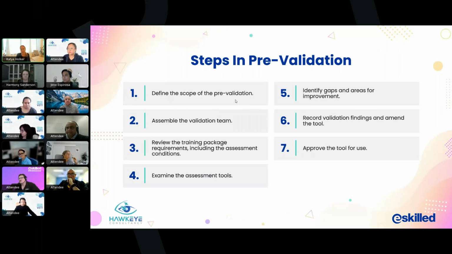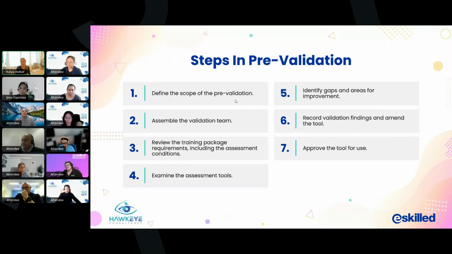I would highly recommend that you go and have a look at those. There is the use of AI, online delivery, so use that information that's there to actually inform the priority for which you're going to undertake your pre and post validation as well.